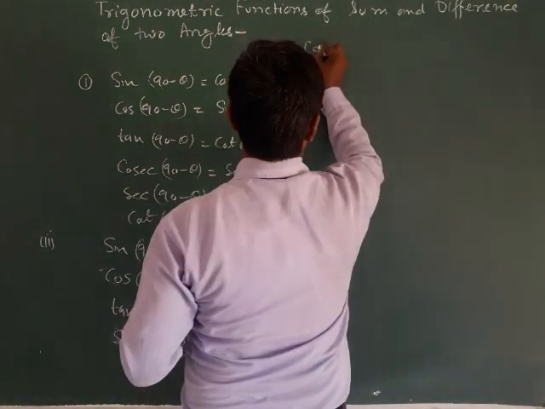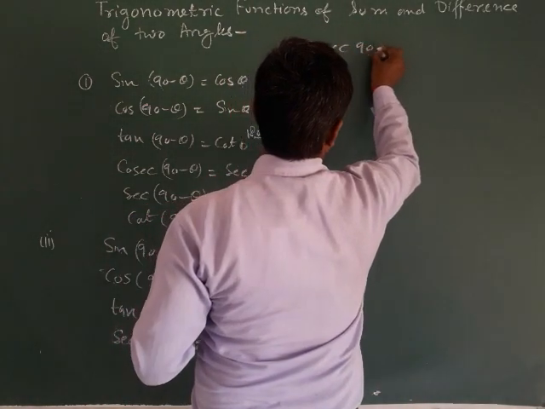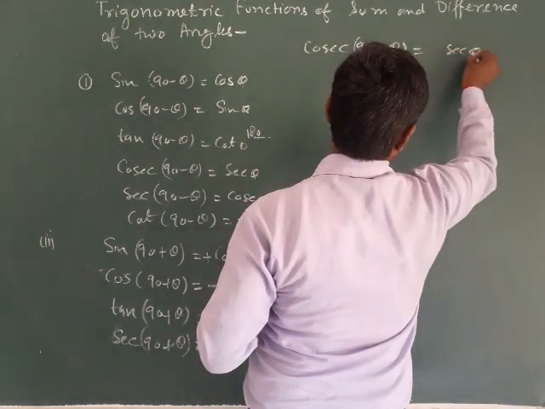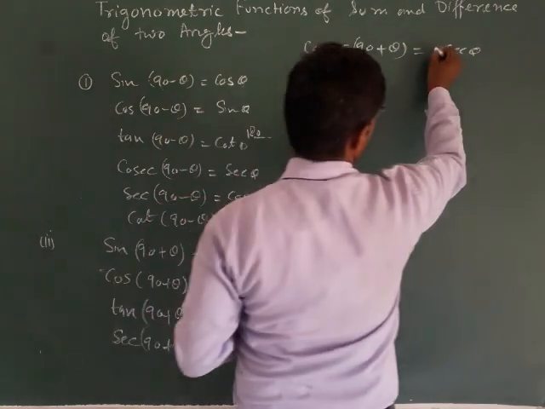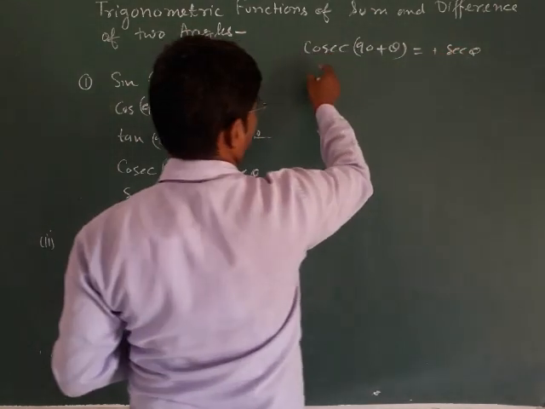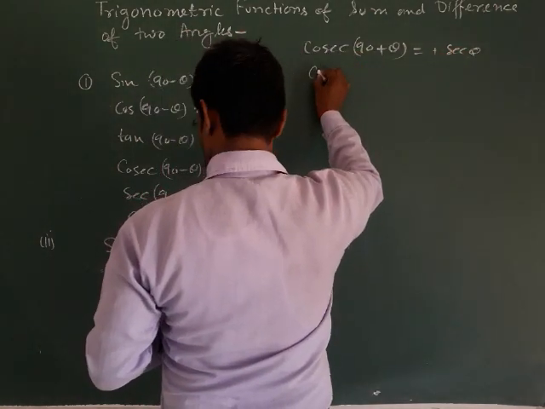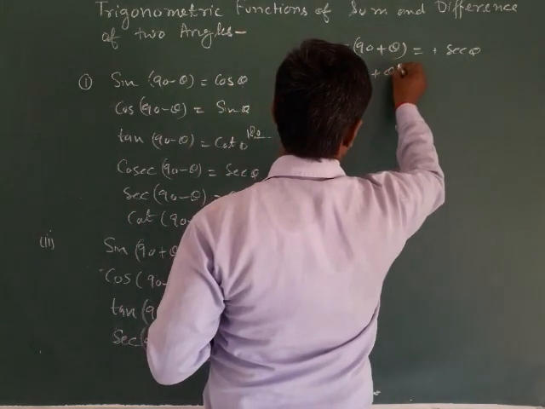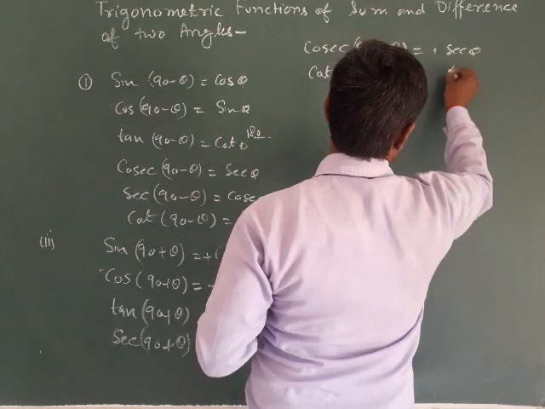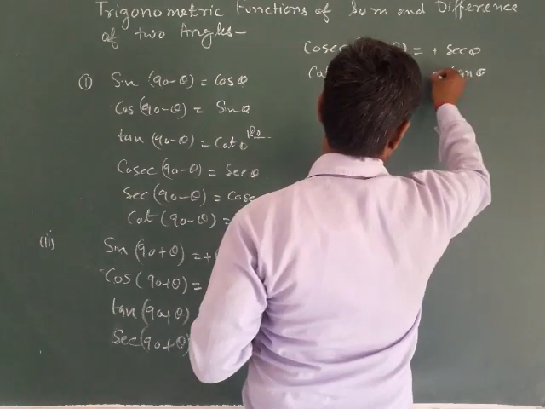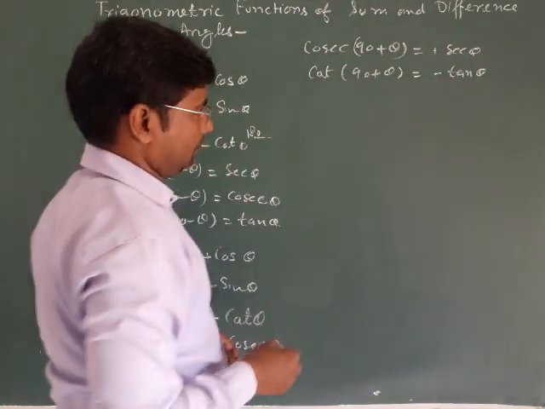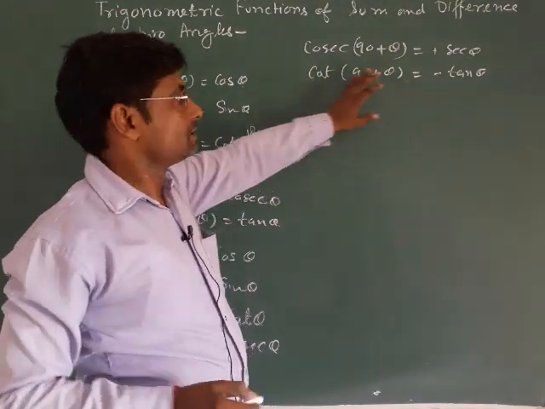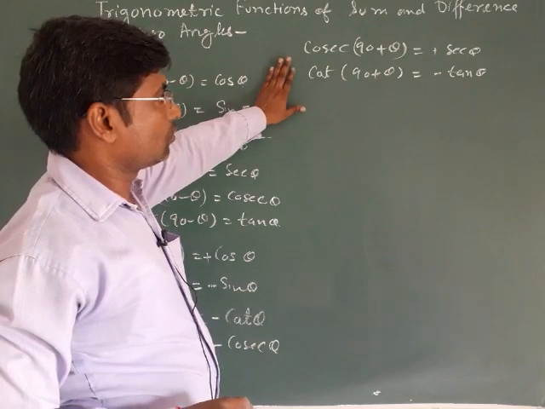Cosec of 90 plus theta is equal to sec theta, and it is positive in the second quadrant. Cot of 90 plus theta is equal to minus tan theta. The value of cot is negative in the second quadrant.